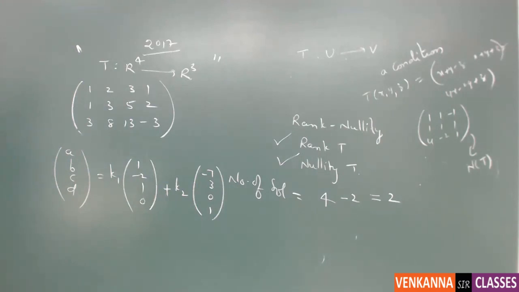These two vectors are the basis for the null space. Hence, the nullity of the transformation is 2.